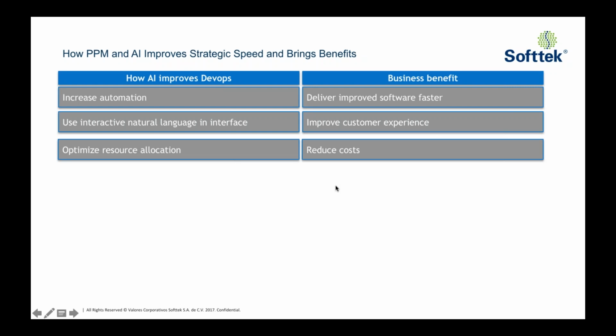The other way we do it, we use interactive natural language interfaces, also known as chatbots. Chatbots are one of the main interfaces we are looking at to feed data into PPM.